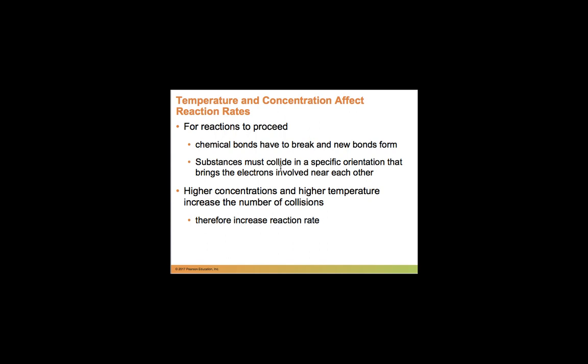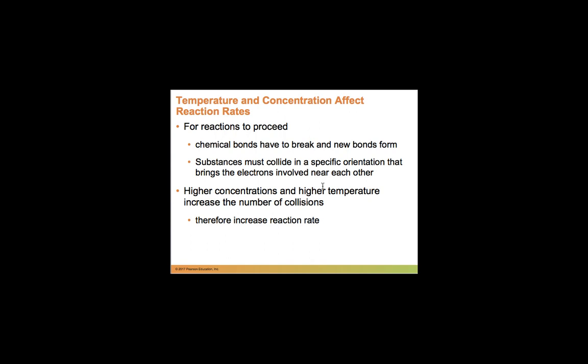What will also impact the rate of the reaction is the concentration of your substrates, as well as your temperature. The higher the temperature and the higher concentration of these molecules you have, the more likely that they're going to collide with one another. Why? Your temperature is going to increase the speed of the reaction. Your molecules are going to get very excited and they're going to want to move all over. Right? Think about when you boil water. Think about those bubbles, right?